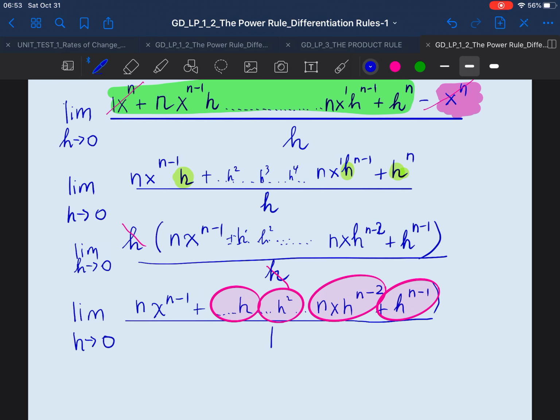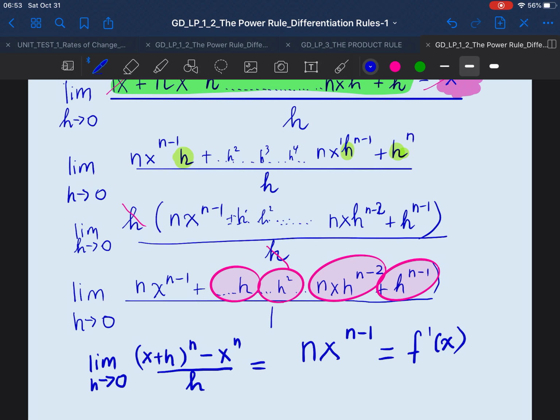So we will say that the limit as h approaches 0 of x plus h to the power of n minus x to the power n, over h, equals n x to the power n minus 1. And that is the derivative of x to the power of n.